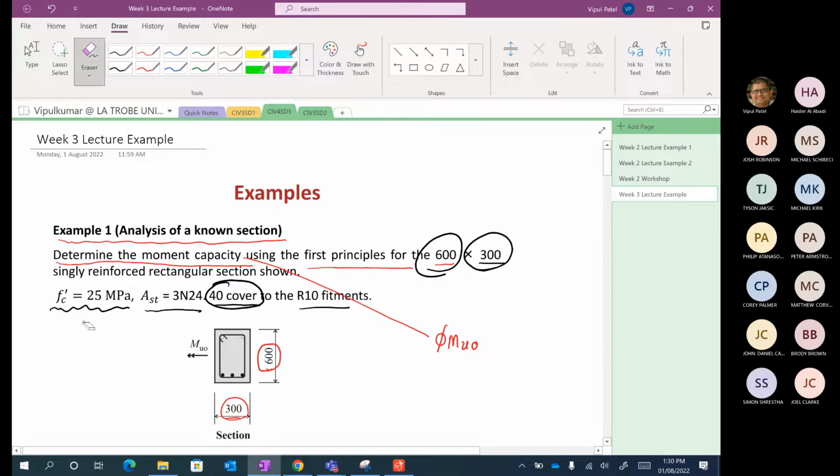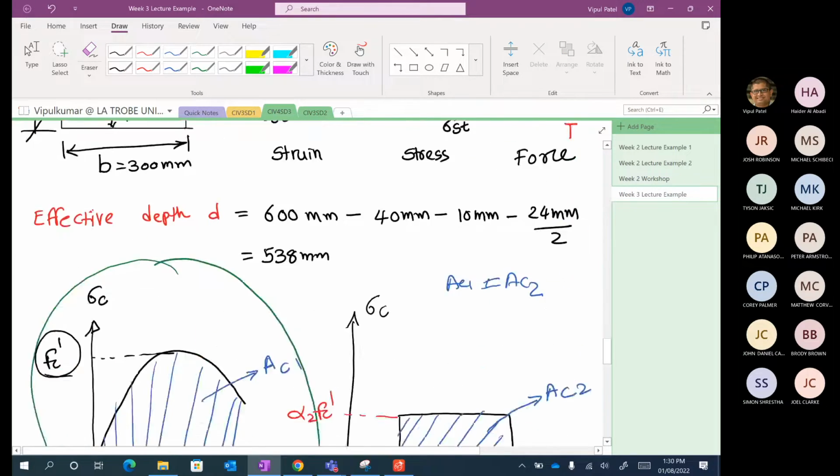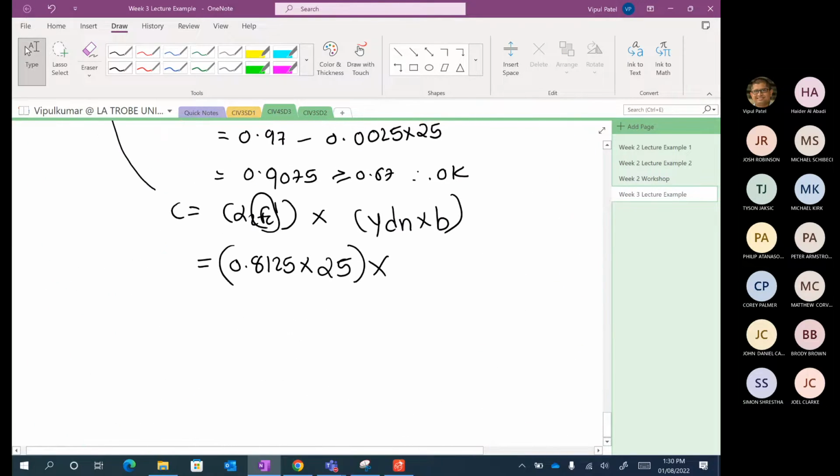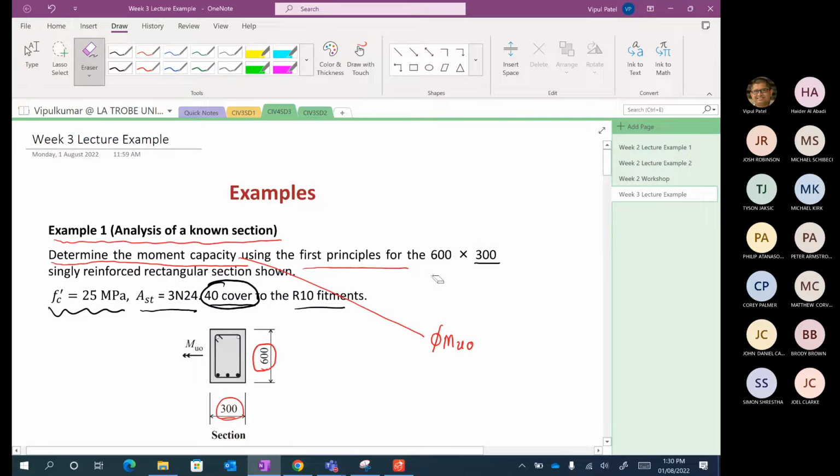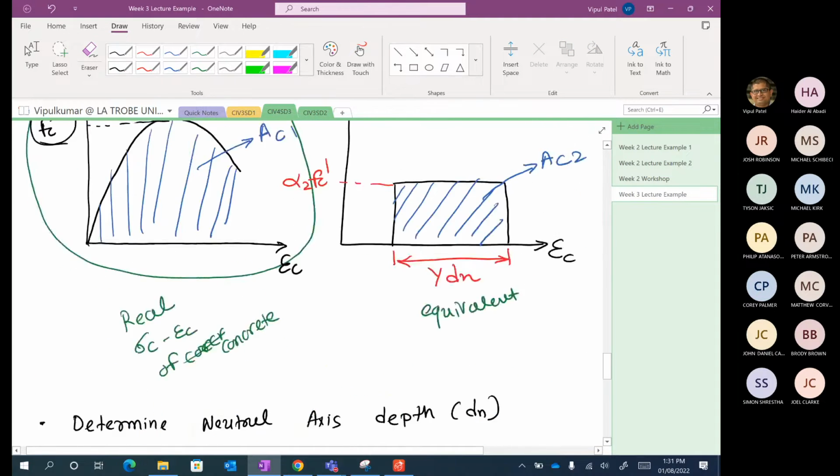Then gamma, we just calculated, 0.9075. dn we need to find. b is given in our examples, this one, 300 millimeters.